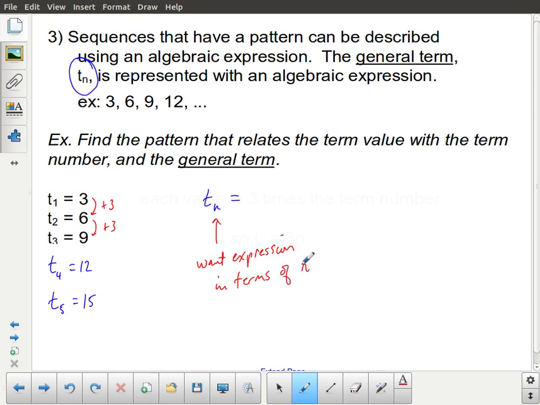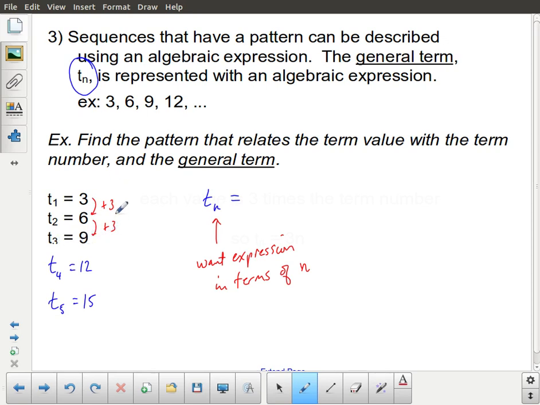For this to be useful, we want our algebraic expression to be in terms of n. So how does the number 3 relate to n equal 1? How does the number 6 relate to n equal 2? How does the number 9 relate to n equal 3?